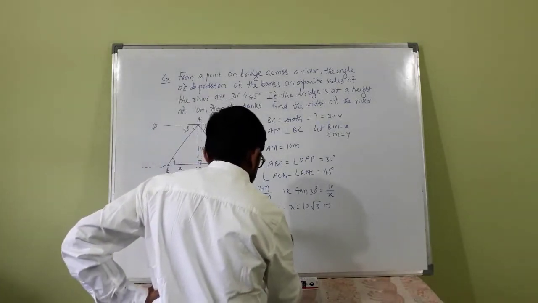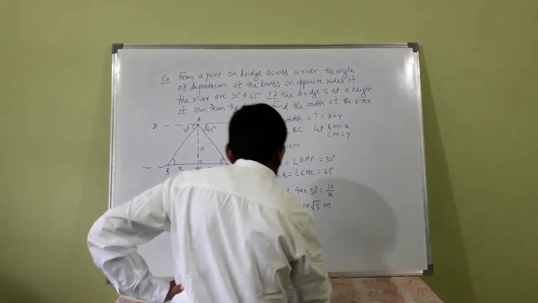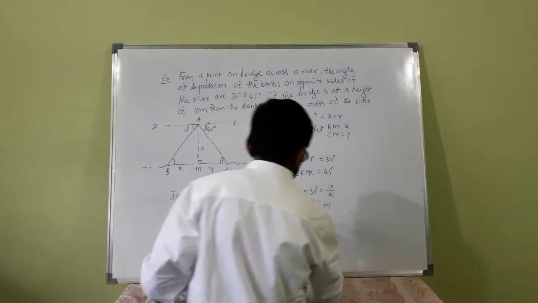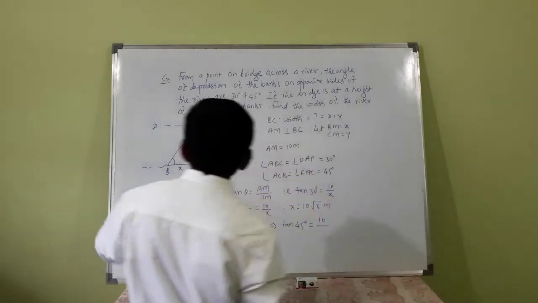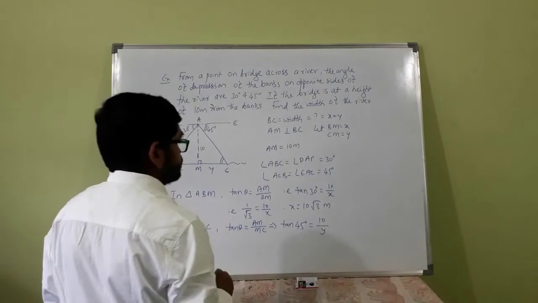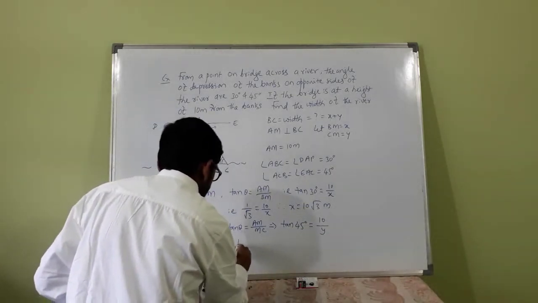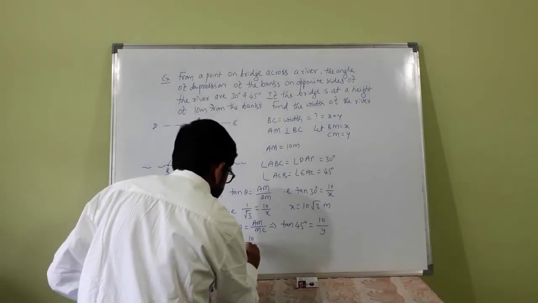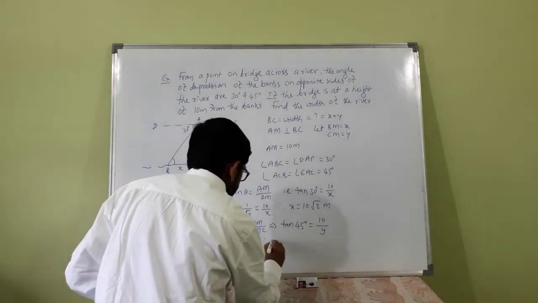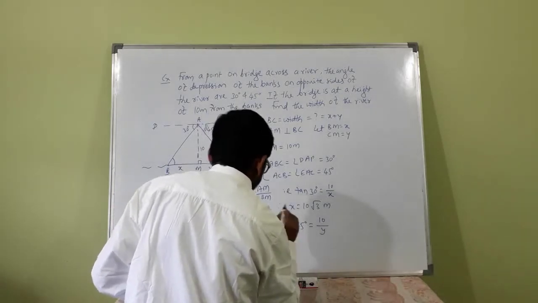This implies tan 45 is equal to AM, which is 10, divided by MC, which is Y. What is tan 45? That is 1, which is equal to 10 by Y. Therefore Y is equal to 10 meter.